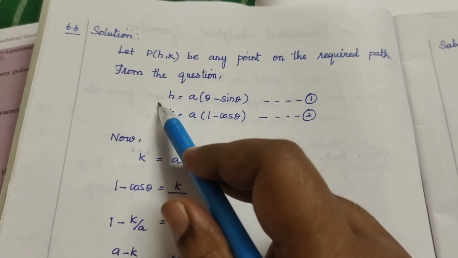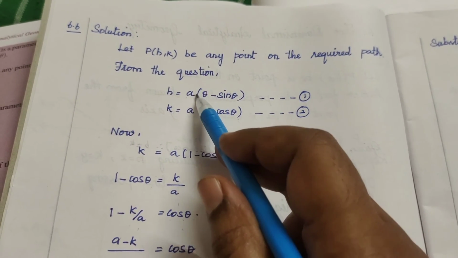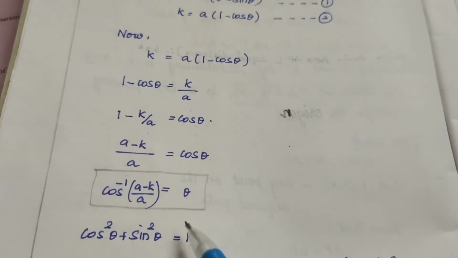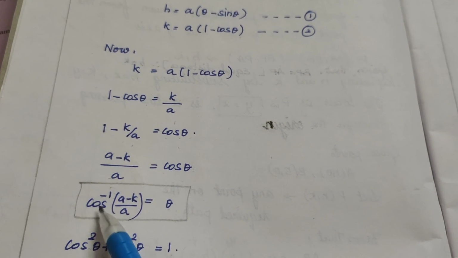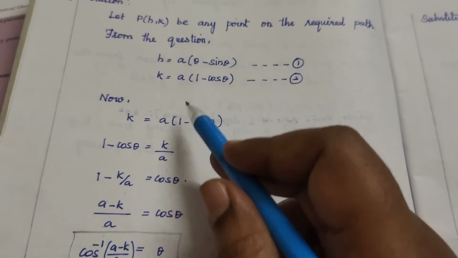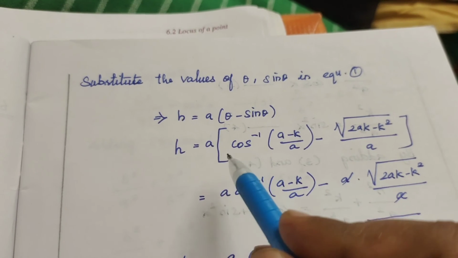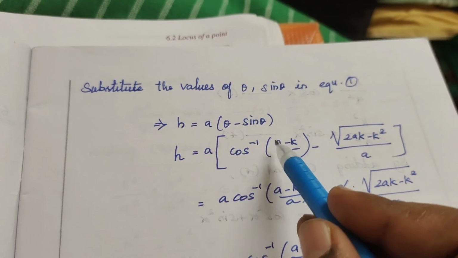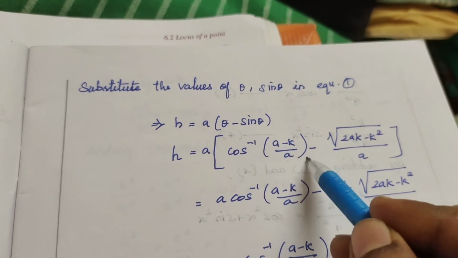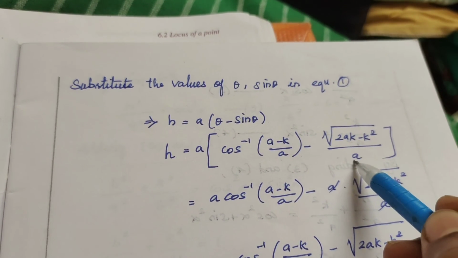That is h equal to a into, what is the value of theta? Here we found the value of theta, cos inverse of (a minus k by a). And then minus the value of sin theta, that is h equal to a into cos inverse of (a minus k by a) minus root of (2ak minus k square) by a.